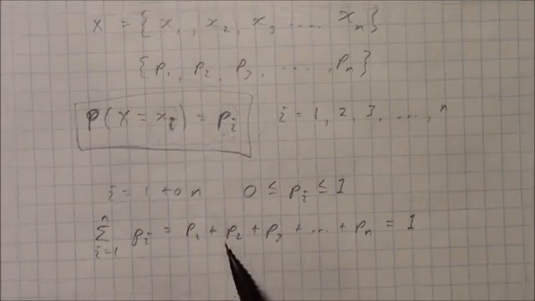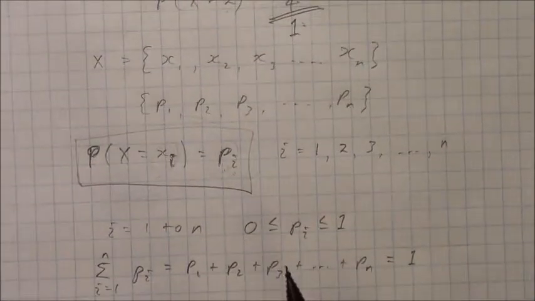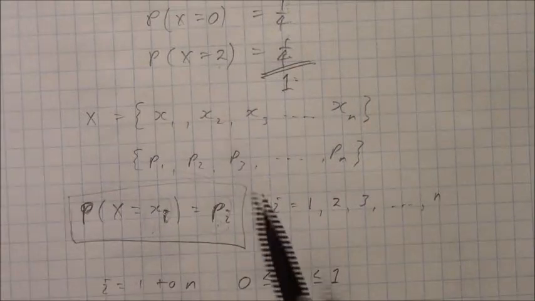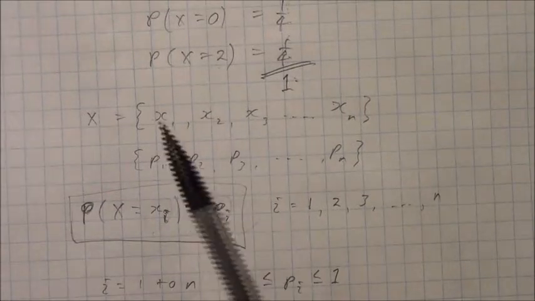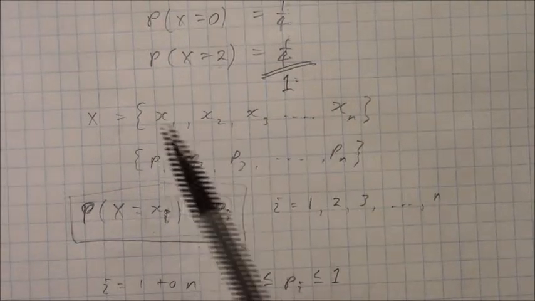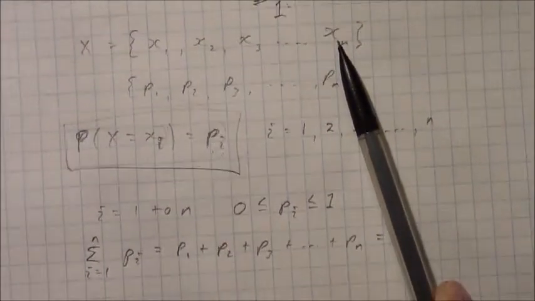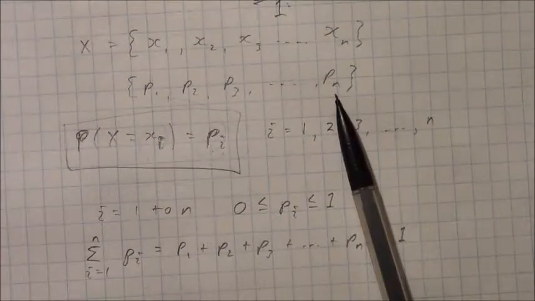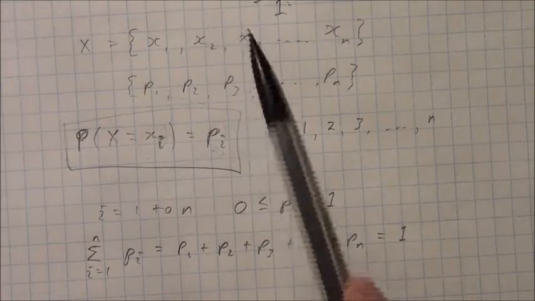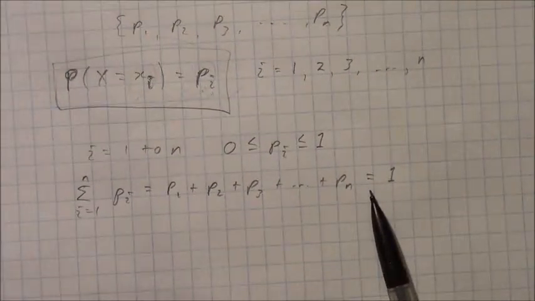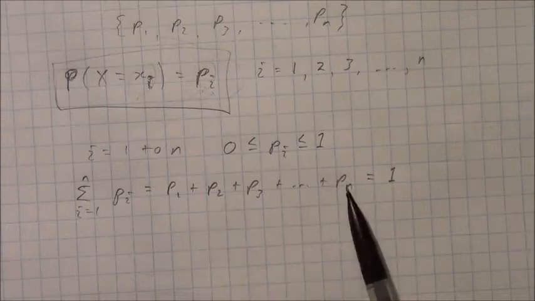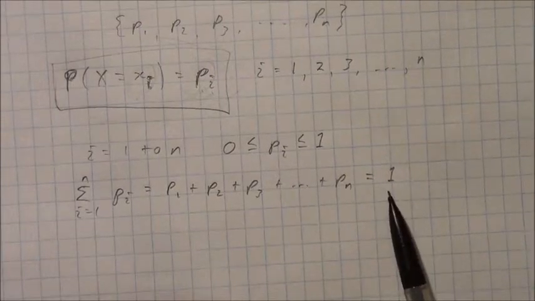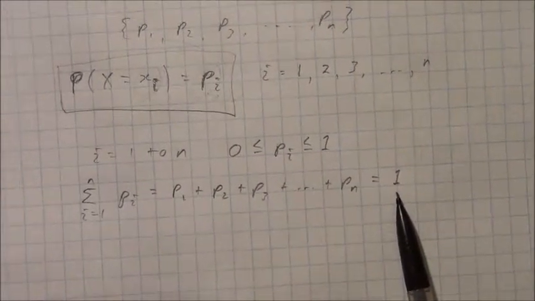Okay, so just to quickly recap, one of these outcomes is going to happen. Therefore, if we add up all the probabilities that correspond to each of those outcomes, because with certainty at least one of those will occur, that's why the sum of all the probabilities will equal 1.